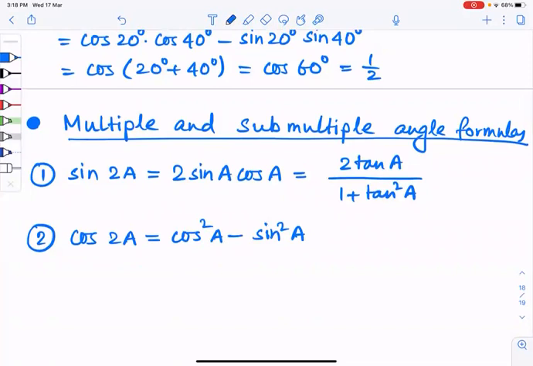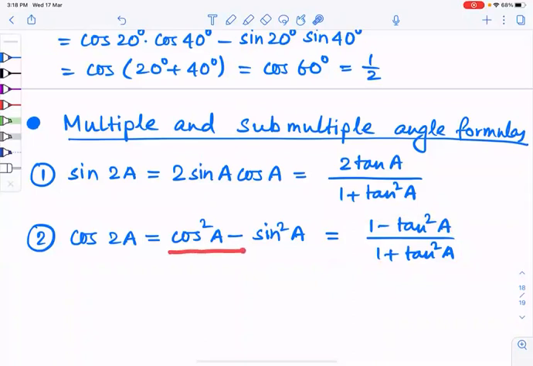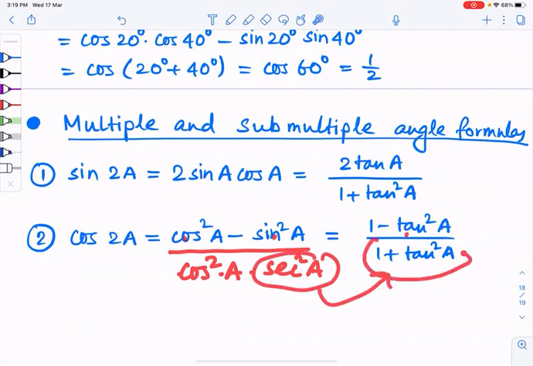This formula can also be expressed in terms of only tan, by 1 minus tan square a by 1 plus tan square a. How to get this formula from here? You can use the same process, that is divide this by cos square a into sec square a. So cos square a by cos square a is 1, sin square a by cos square a is tan square. Now sec square a becomes 1 plus tan square.